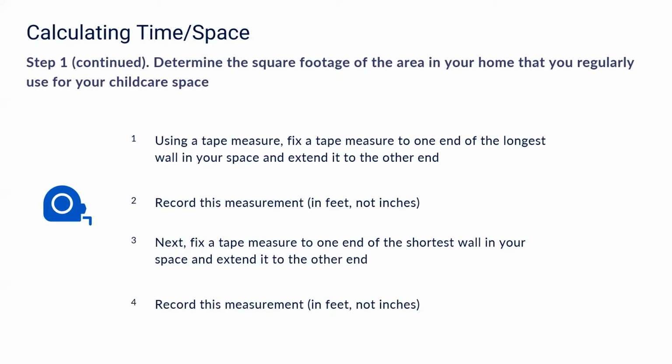You will fix a tape measure to one end of the longest wall in your space and extend it to the other end. Next, you'll record this measurement in feet. After that, you'll fix your tape measure to one end of the shortest wall in your space and extend it to the other. You'll then record that measurement in feet.